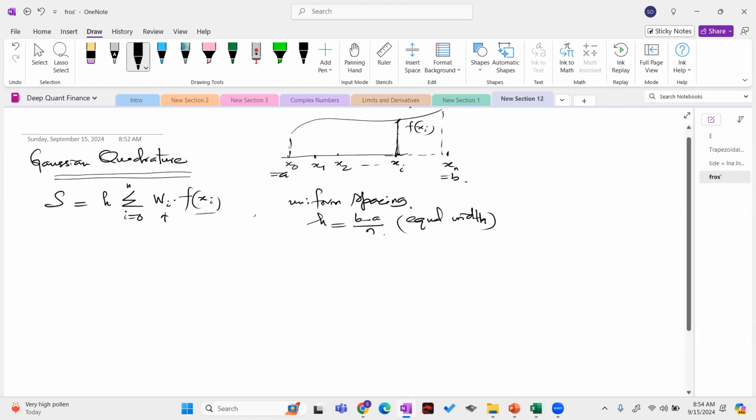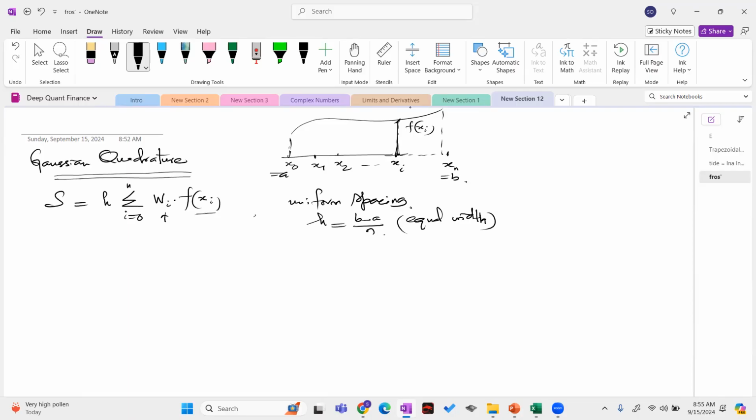But why restrict that, right? Why don't we use some flexibility in deciding where we actually sample? It doesn't have to be this strict regime that we have to divide it into equal subintervals. We can do it non-uniform also.